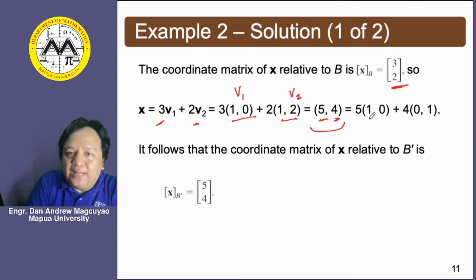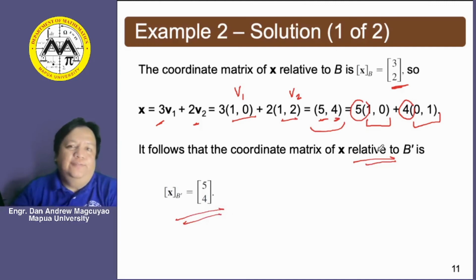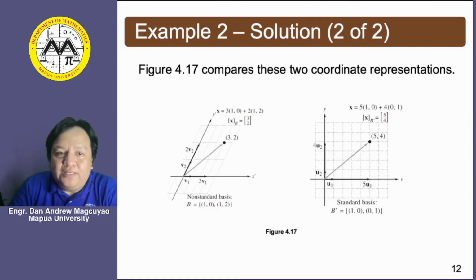Now, the coordinates relative to the standard basis are 5, 4. To graph this, we can have the non-natural basis and then convert it into the standard basis.